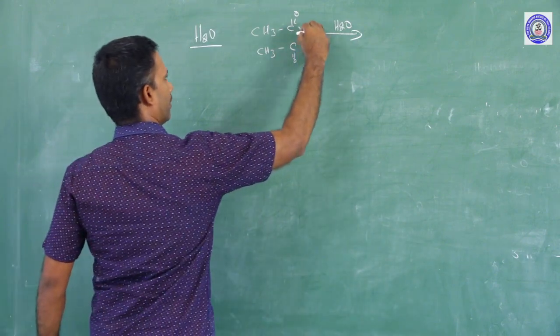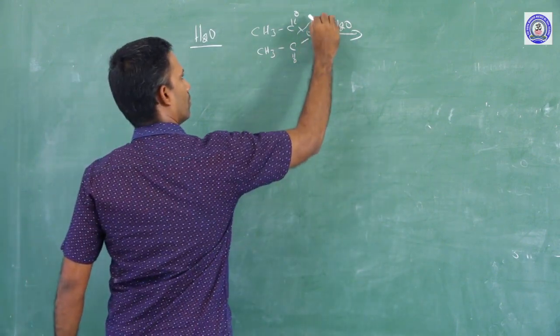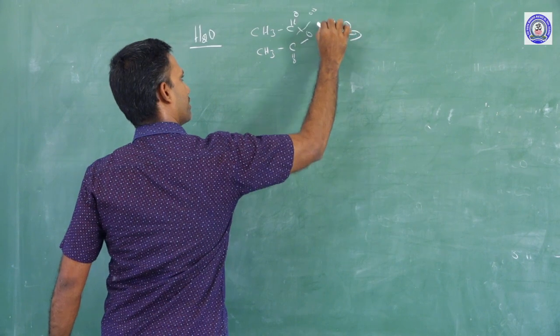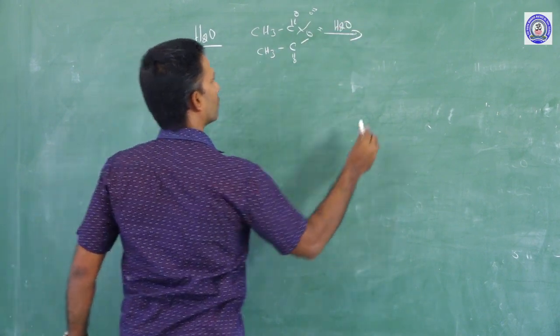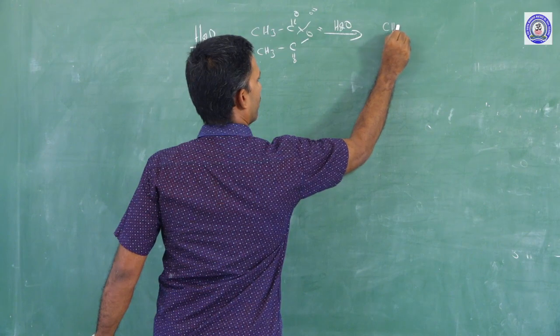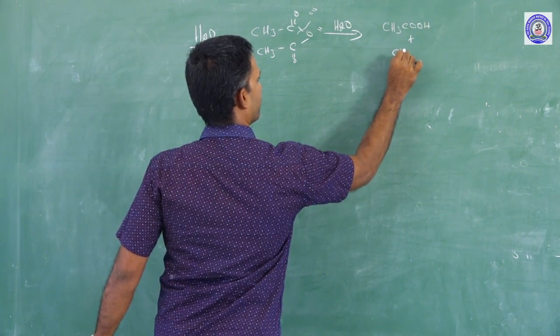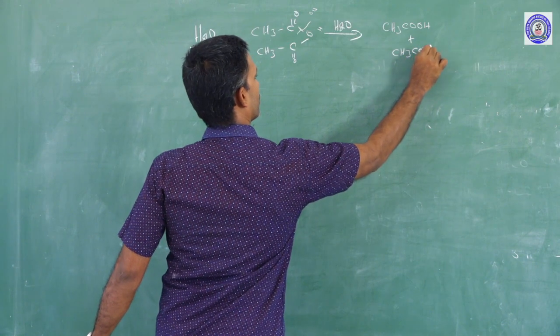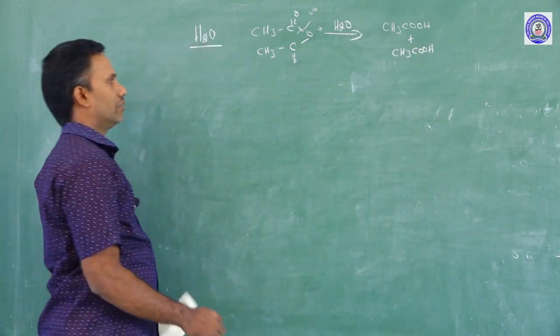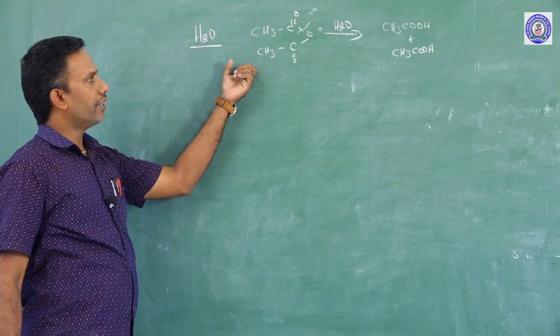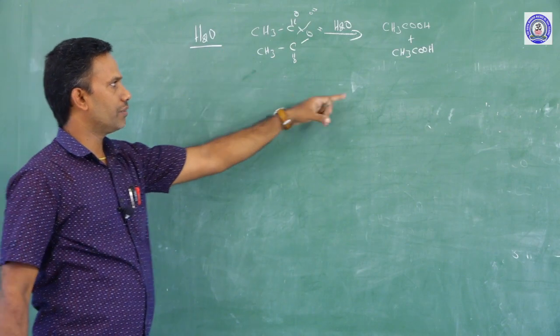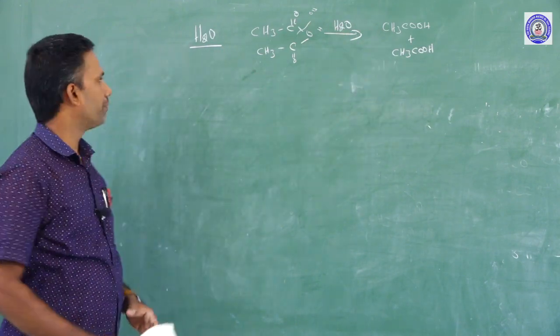The compound may be cleaved like this. The OH part will go like this, the H part will go like this. So what will happen? CH3 COOH plus CH3 COOH. When an acid anhydride undergoes hydrolysis, you get acetic acid.